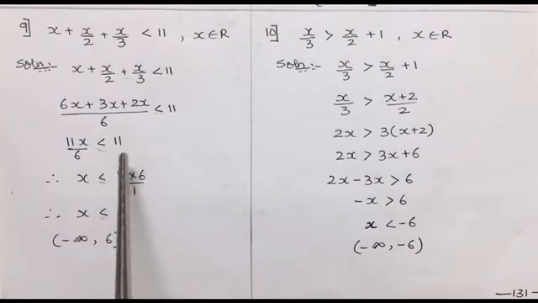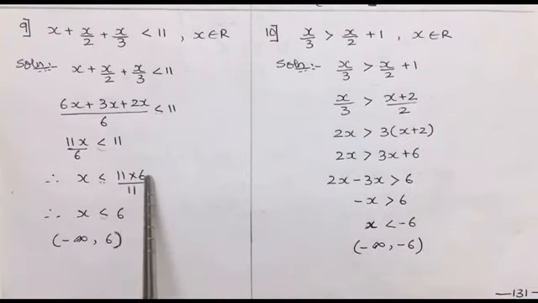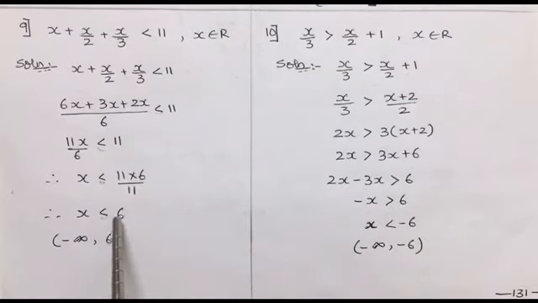Shifting to the other side, it becomes x less than 11 into 6 divided by 11. So we get x less than 6. Now as x is less than 6, all the negative numbers we have to take, because x is lying towards the left hand side of 6.